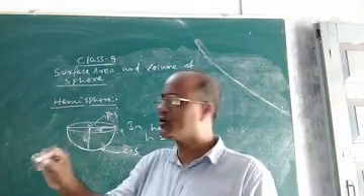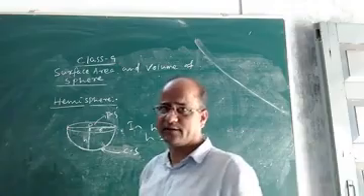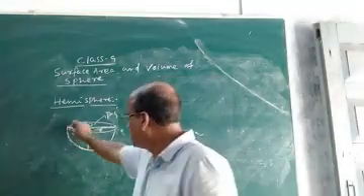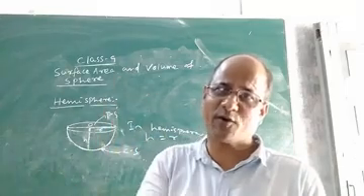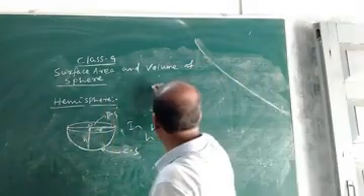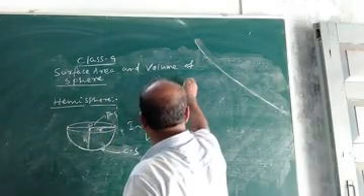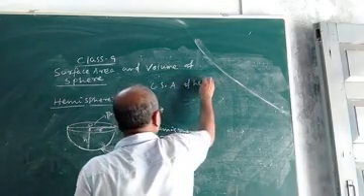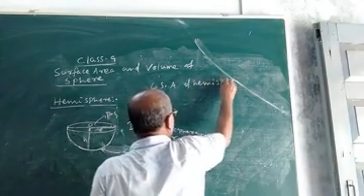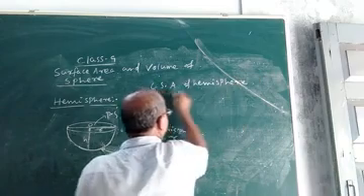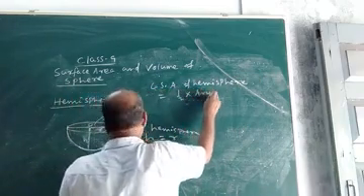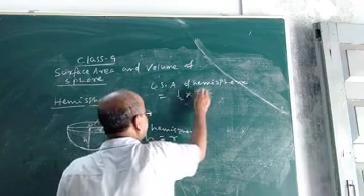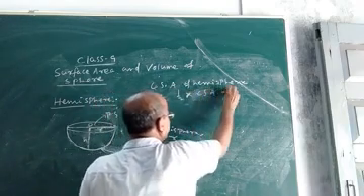So the area of the curved surface of a hemisphere will be equal to half the area of the curved surface of a sphere. That means the curved surface area of a hemisphere will be half into the CSA of a sphere.